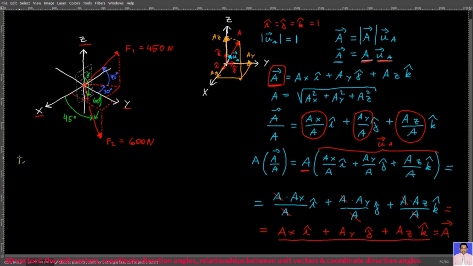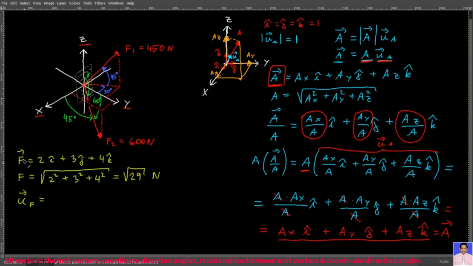For example, if I have a force vector that equals this expression, then the magnitude of this force vector would be this one. In other words, it will be square root of 29 newtons. So the general unit vector that points in the direction of this F vector is 2 over square root of 29 times i, then 3 over square root of 29 times j, and then 4 over square root of 29 times k.